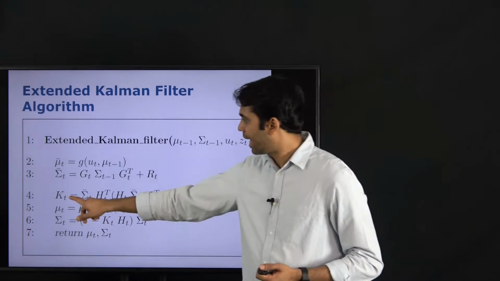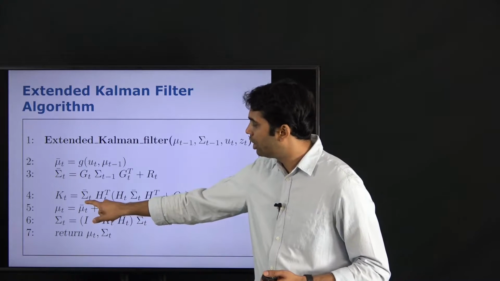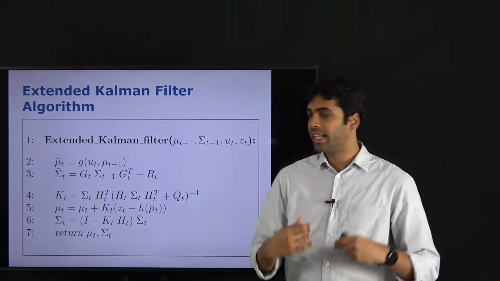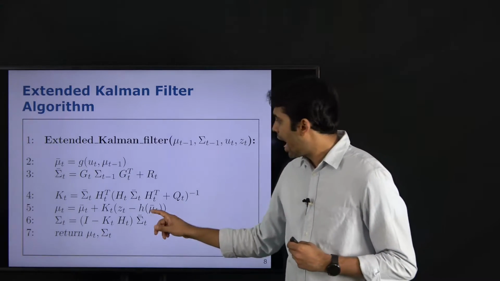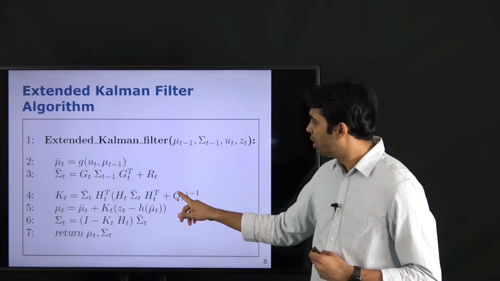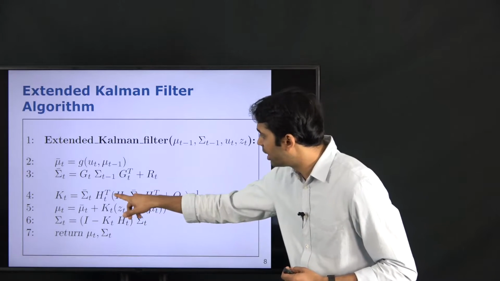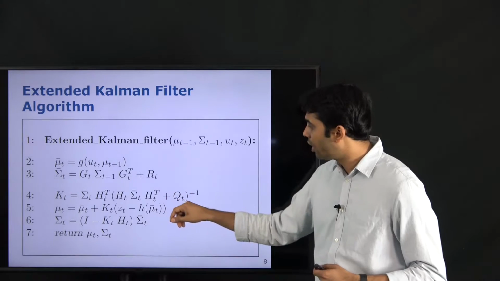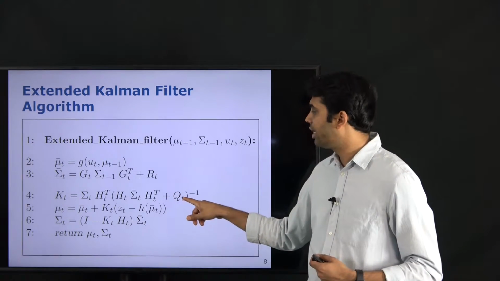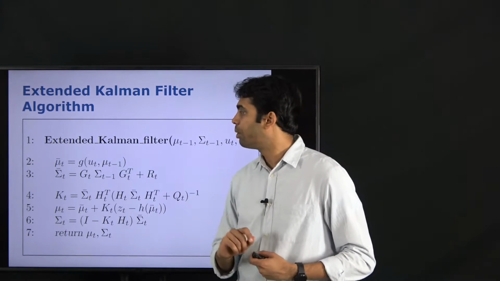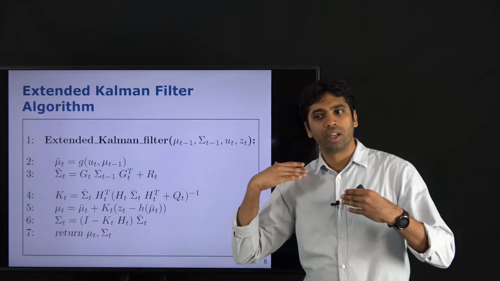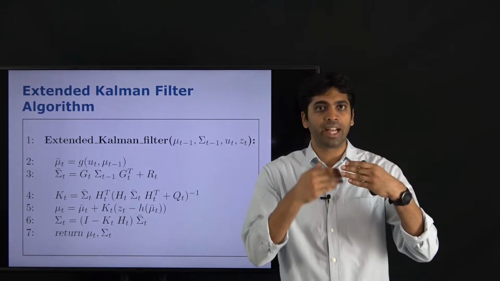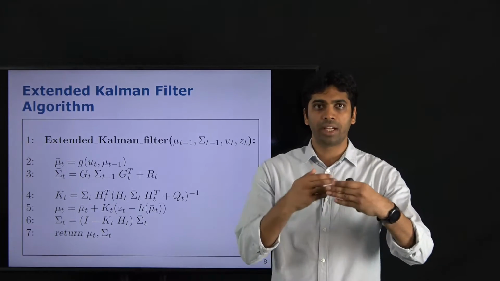As you can see, this K is directly proportional to sigma bar t, which is the covariance of your state estimate after you did the motion, and it's inversely proportional to two terms, one related to the measurement model H_t, which was the Jacobian of the measurement model, and the noise on your measurement. So it's inversely related to your noise on your measurement and directly proportional to your uncertainty once you had executed your motion. So it performs a weighted mean between your motion noise and your measurement noise.